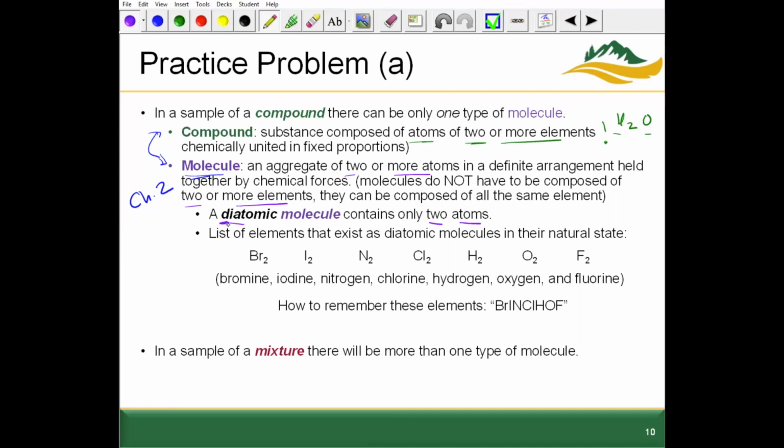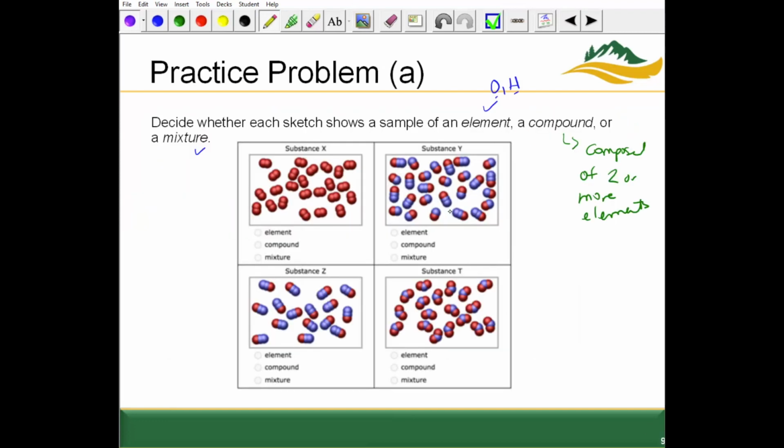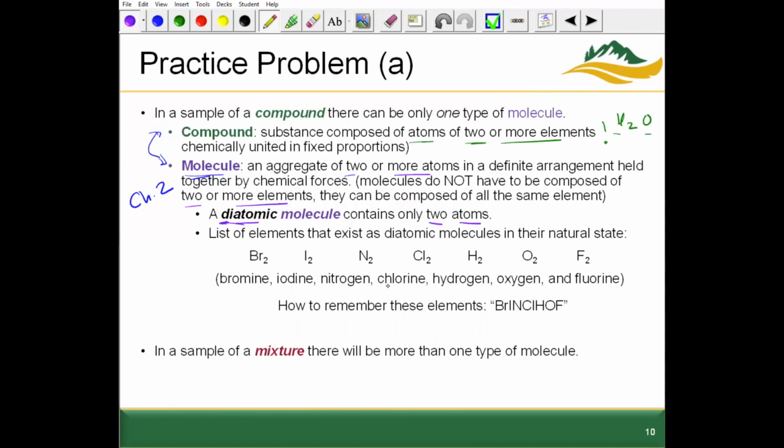So di meaning two, and then atomic for atom. Now I will point out here that in this problem, we're only asked between element, compound, and mixture and not a molecule. What I'm going into is to help give you a heads up for what you will see in chapter 2.